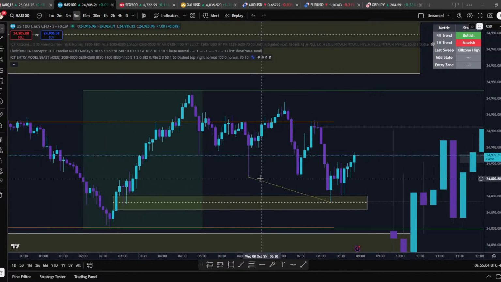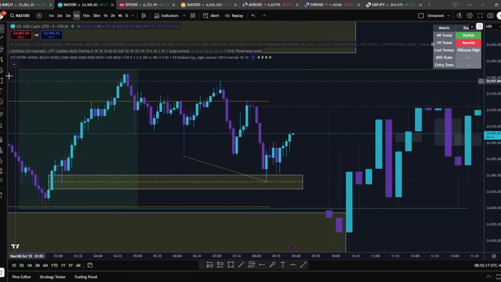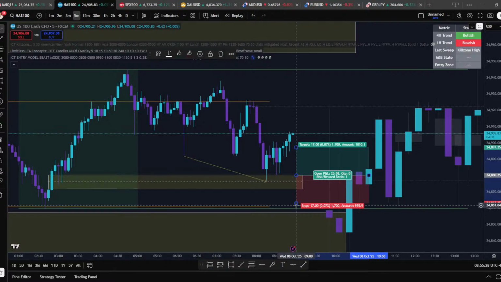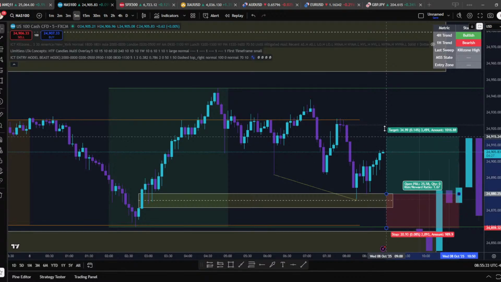Okay, we said that we were looking at this for a long because of the SMT and because of delivering from the OTE level on the Fibonacci retracement. So NASDAQ, if you were really into that strategy, you could have entered like this and put a limit order here, at this area somewhere. So let's say you put it there and you put your stop below there, and this would have been your trade like that.